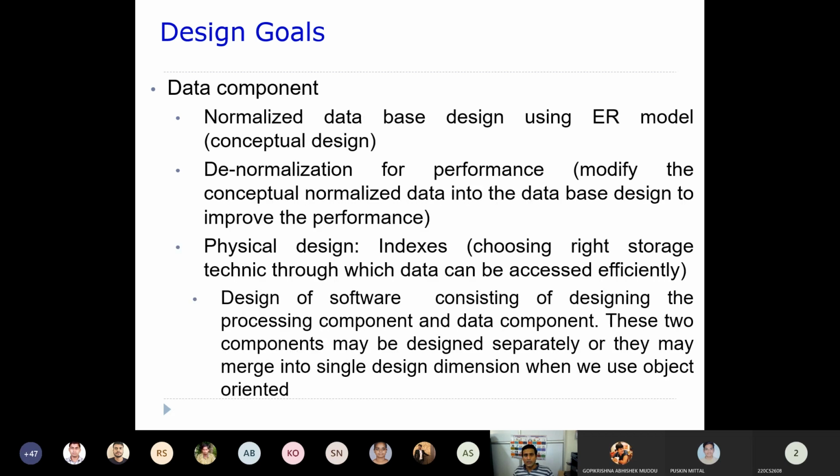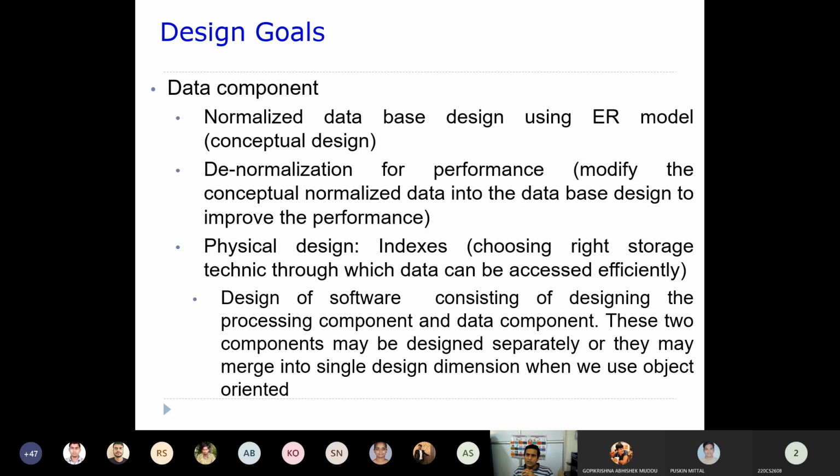Okay. Now, as I said, there is a previous one, the processing component, that means the function part, so how you are going to process that particular data, right? The second one is the data component. As part of the data component, whatever normalized database design you require, you will develop using some sort of ER model.